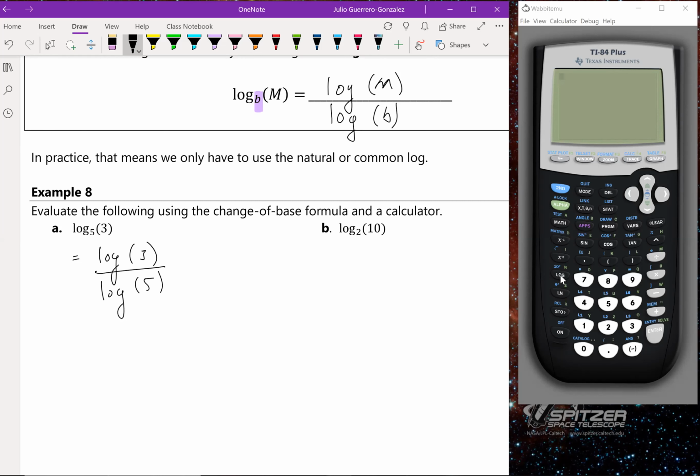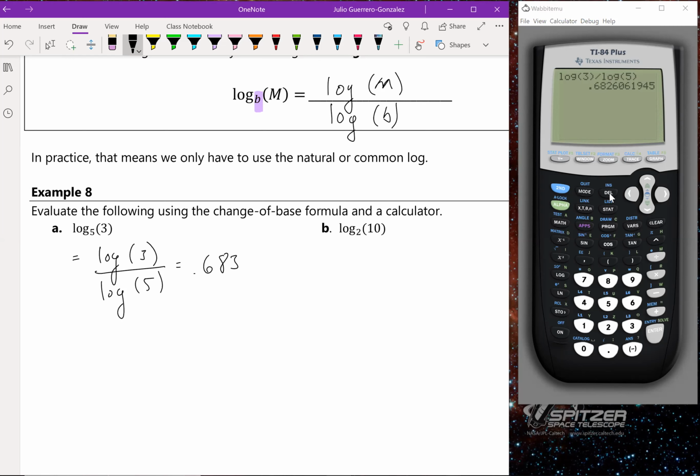So if we do log of 3 divided by log of 5, we get that number. Can you do that one more time? So you see the log button right next to the 7? You press it, put 3 in there, and then divide by log 5. Yep. Okay. The 0.68, and then round up to 0.683. Yep, that's fine.